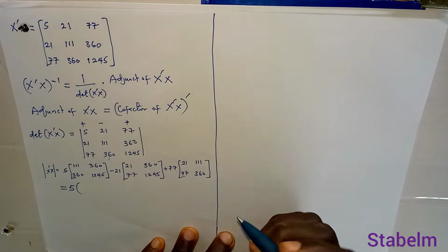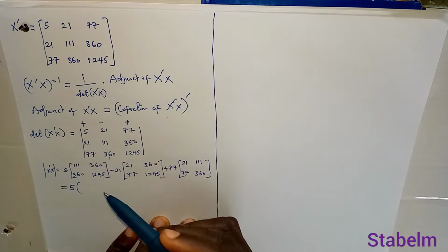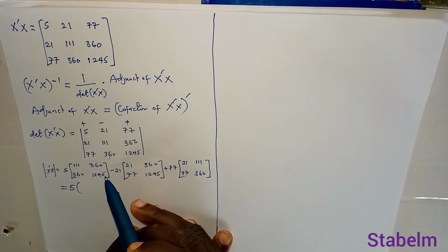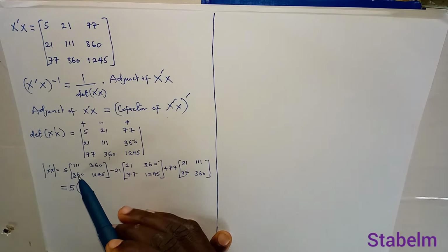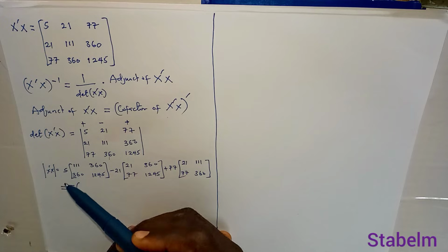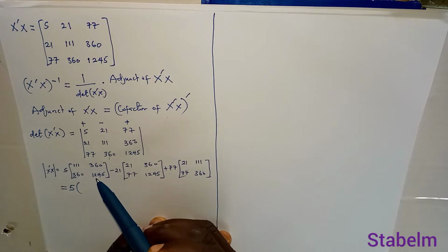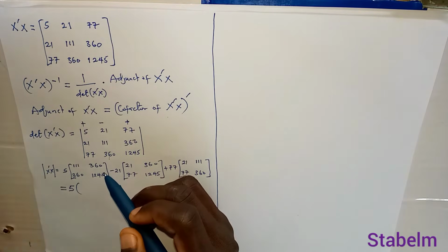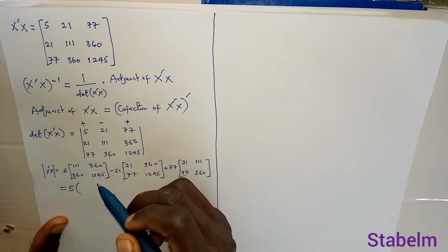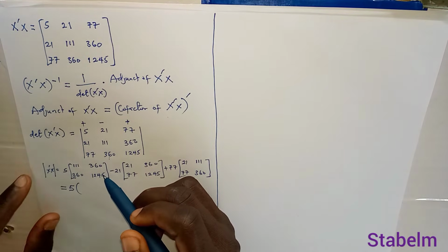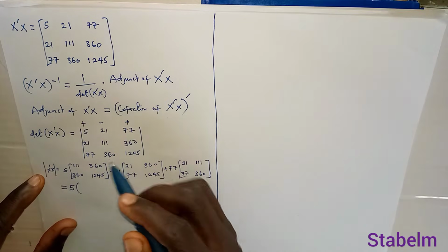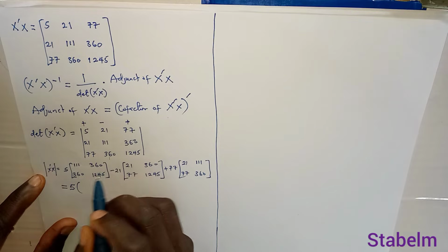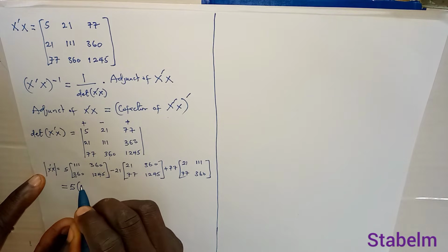Now see what I'm doing. This multiplied by this minus this multiplied by this: 111 multiplied by 1245 minus 360 multiplied by 360. It's just like cross multiplying, then you subtract the result of the cross multiplication.